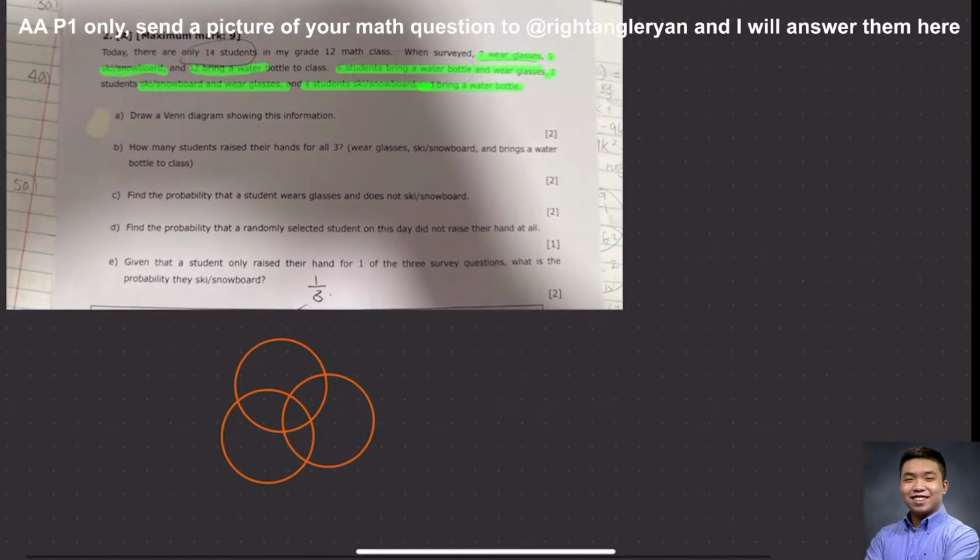There are 14 students in total, so everything added up has to be 14. 14 total.